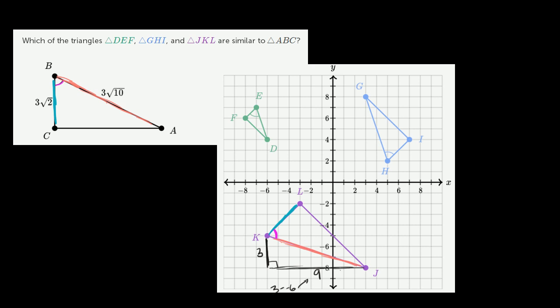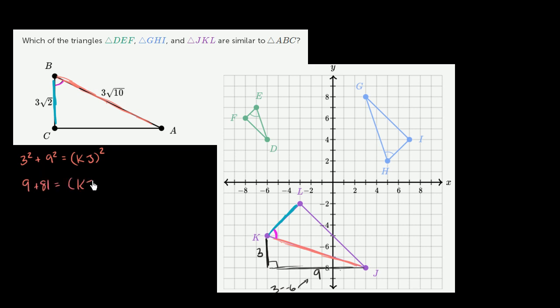I'm just using the Pythagorean theorem here, so let me write it out so you don't think I'm doing some type of voodoo. 3 squared plus 9 squared is equal to the length of KJ squared. 3 squared is, sorry, not 27, 3 squared is 9. 9 squared is 81.